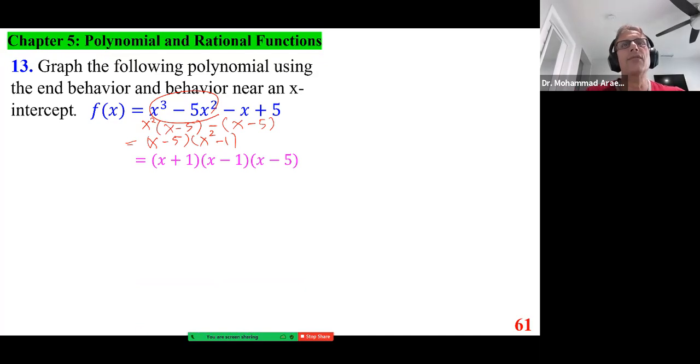Now that we have the factored form, it can help us graph. Right away, negative 1, 0, 1, 0, and 5, 0 are the x-intercepts. For the y-intercept, replace x with 0 and you get positive 1, negative 1, negative 5. Their product is positive 5.